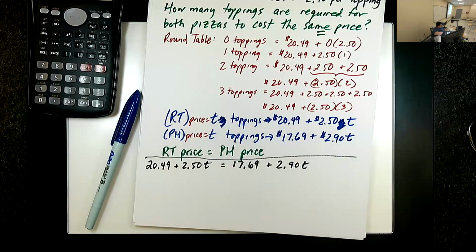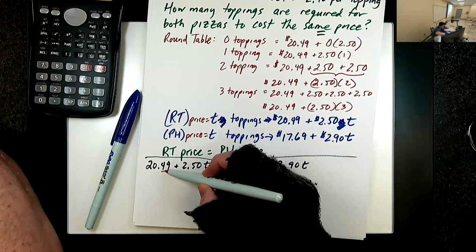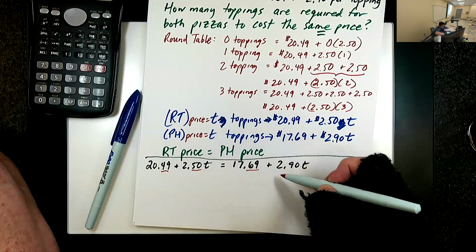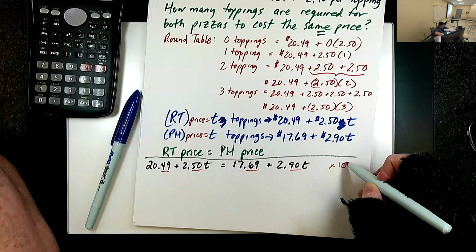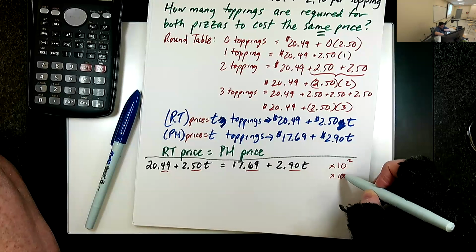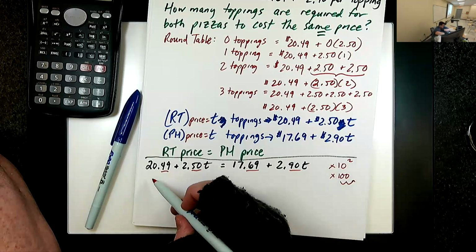Well, first thing is I don't like those decimals. I think it kind of clutters stuff up. So they all have 2 decimals. I can multiply this by 10 squared or 100. And what that does is it shifts the decimal point to the right twice.